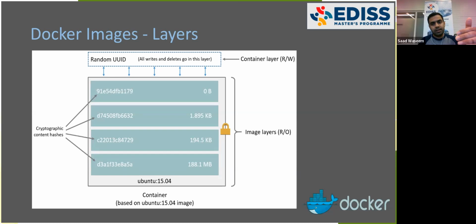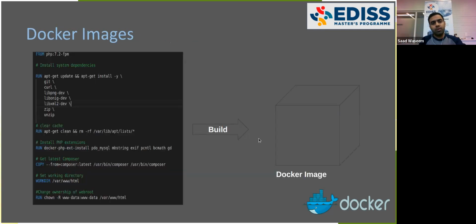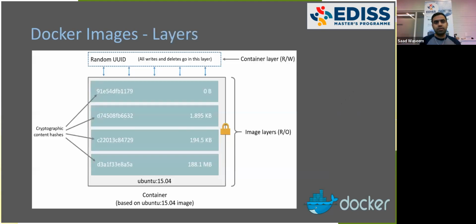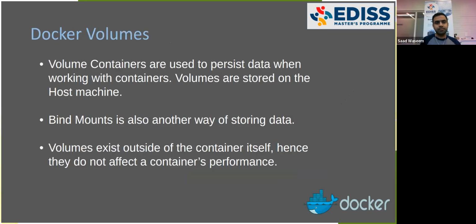This is the same thing that is shown in this image: we have this read and write layer on the top, and the rest of the layers are in read-only form. You can see that they are locked. They cannot be changed. This is what I was referring to when I said that this PHP 7.2 is kind of read-only, and we are building on top of that.